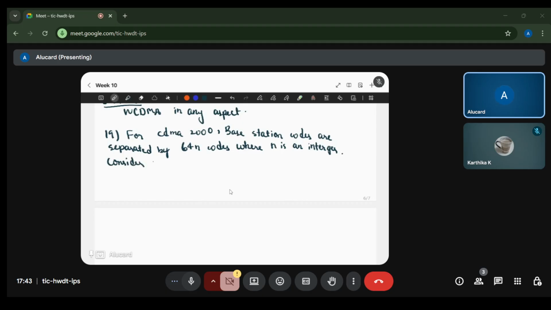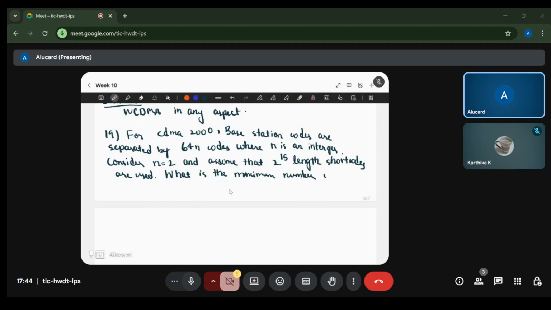Consider N equals 2 and assume that 2 power 15 length short codes are used. What is the maximum number of supported base stations?